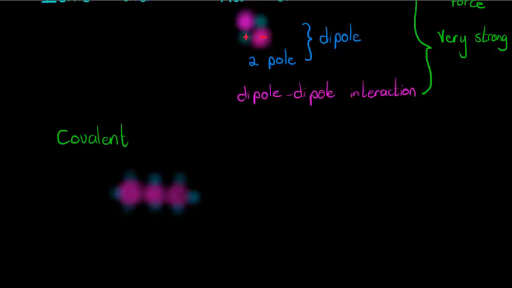But what happens is that at some moment in time we might encounter more electrons on this side, making this more negatively charged, which means the other side might be a bit more positively charged. So at certain times, the molecule itself has a charge at one end.